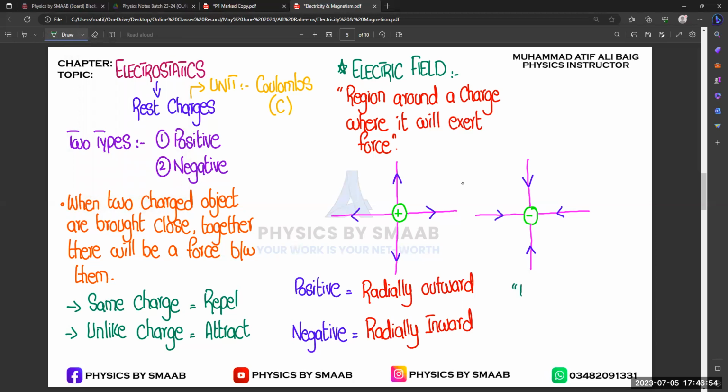Field will always flow from positive to negative charge. I am writing short: plus VE means positive and minus VE is negative.